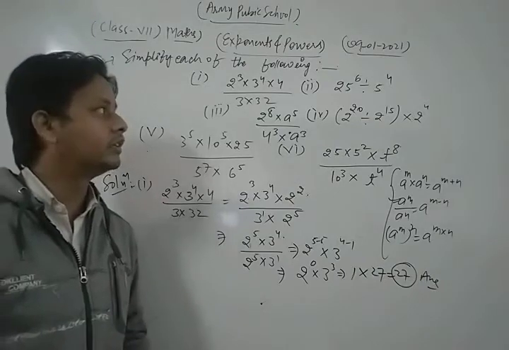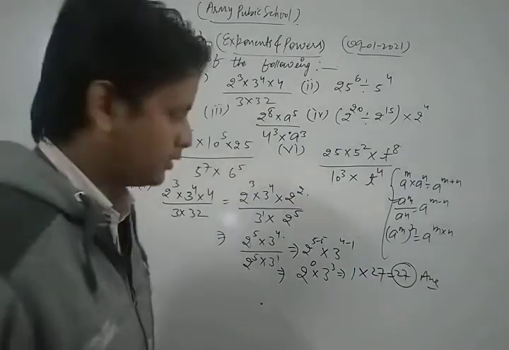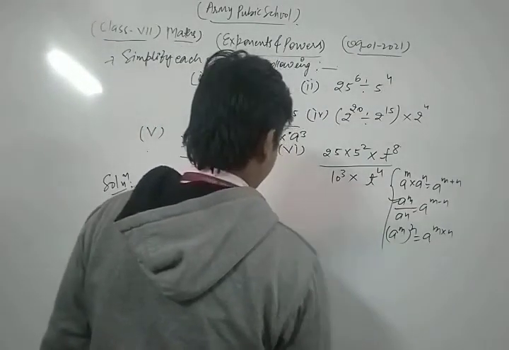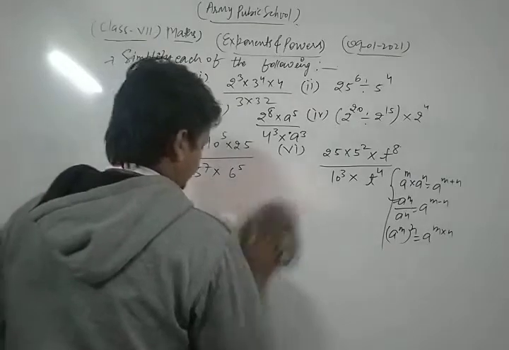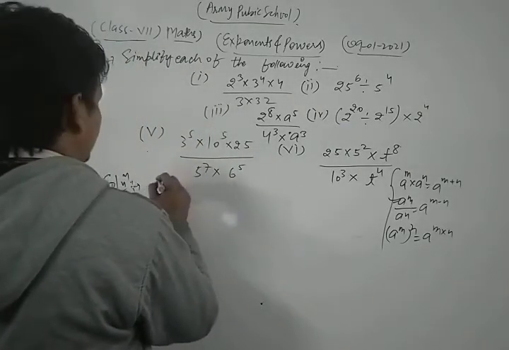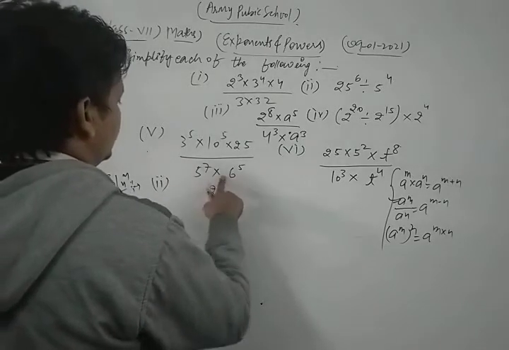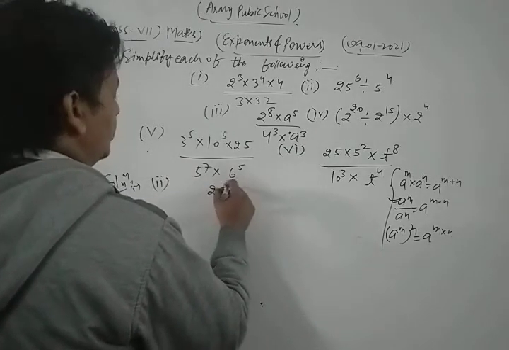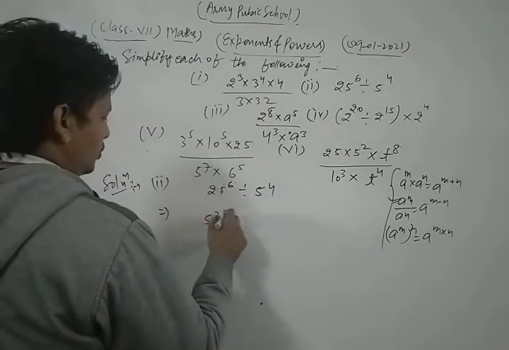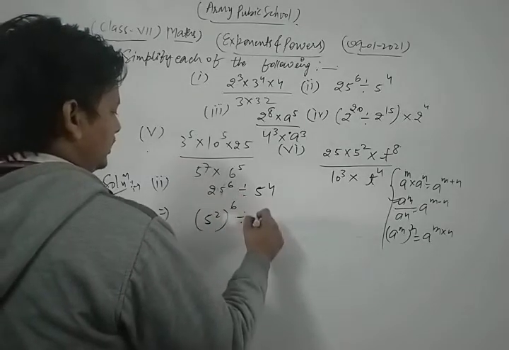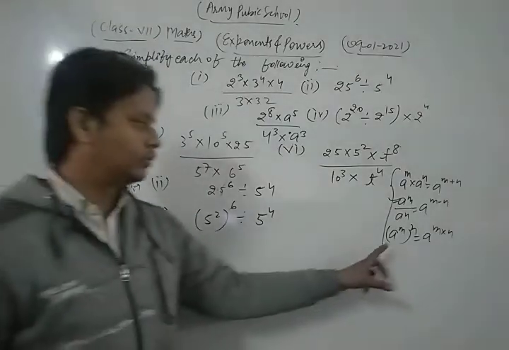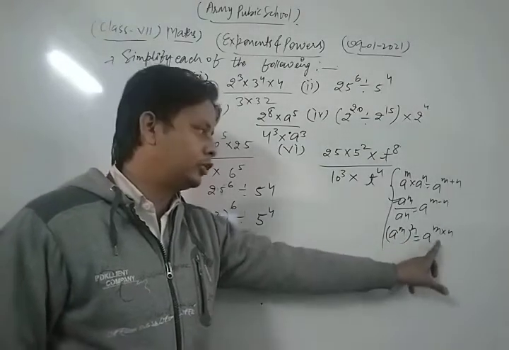Similarly, we take and solve the next part of this question. Let's see, dear students. The next part is 25 power 6 divided by 5 power 4. First of all, we write 25 as 5 power 2 and 6 as it is, and this is 5 power 4. Now we know that a to the power m to the power n is equal to a to the power m into n.